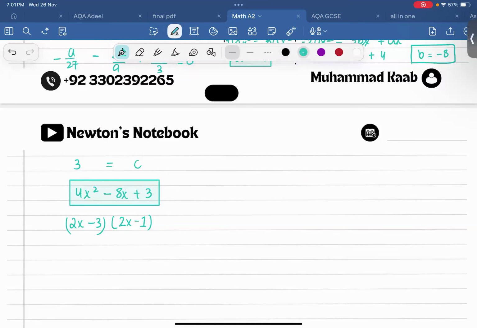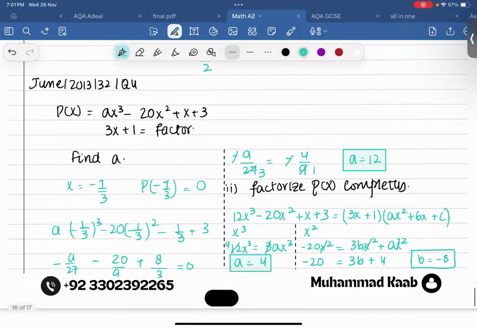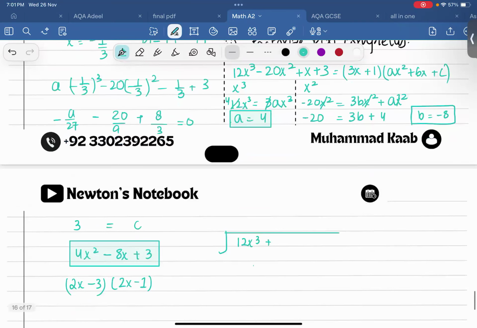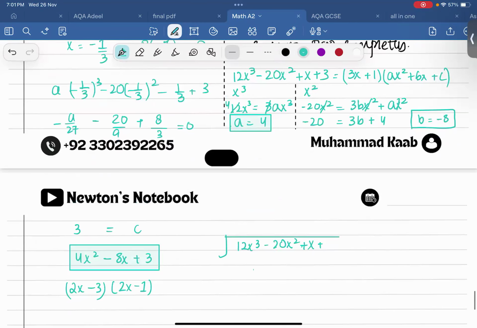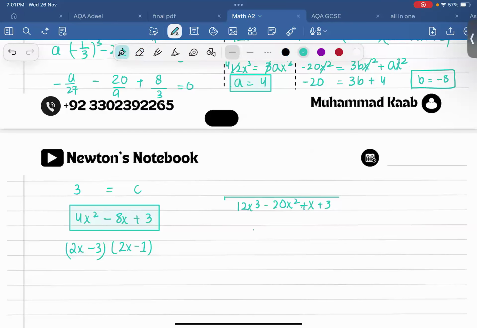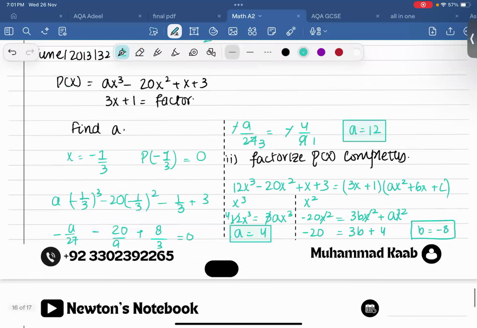As far as long division is concerned, you have to put the numerator in: 12x cube minus 20x squared plus x plus 3. The factor that you know is 3x plus 1.